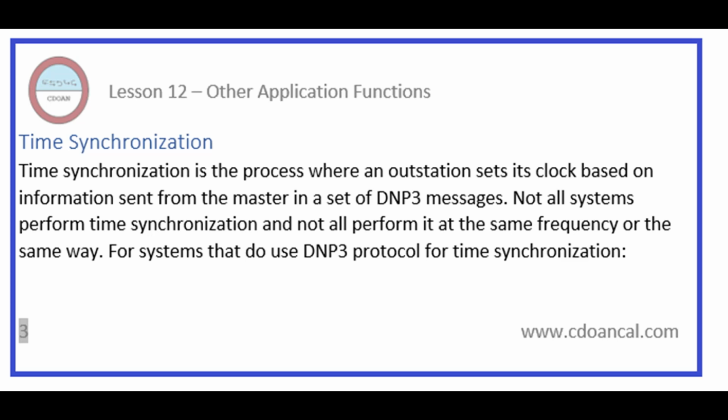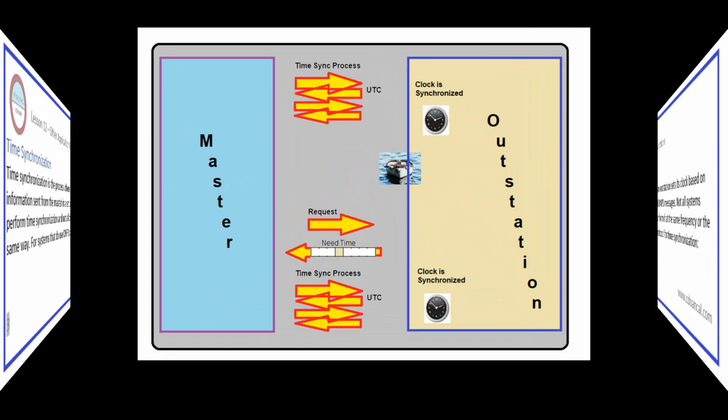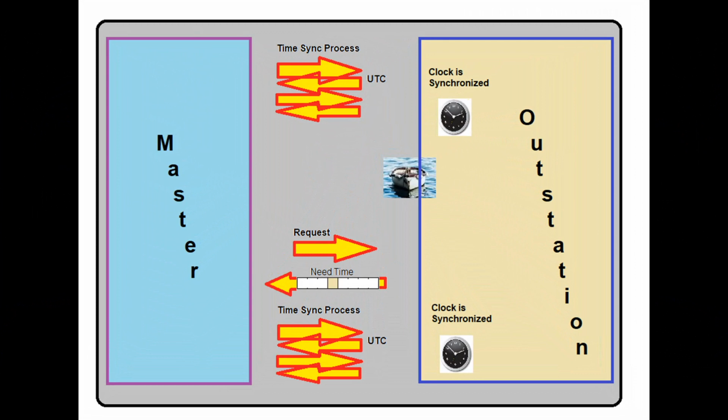For systems that do use DNP3 protocol for time synchronization, the master can synchronize the outstation periodically, when the outstation requests time synchronization, and after the master or outstation restarts.